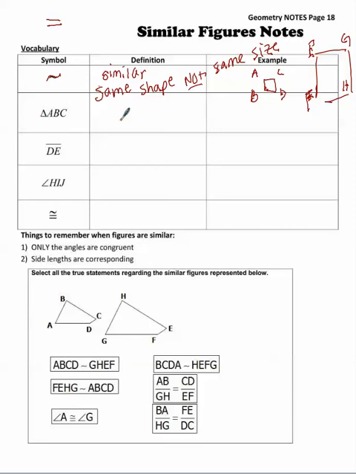The symbol given here is just to state that it's a triangle ABC. So if you're given a triangle and it is labeled A, B, C. And the next symbol, you have line segment DE.